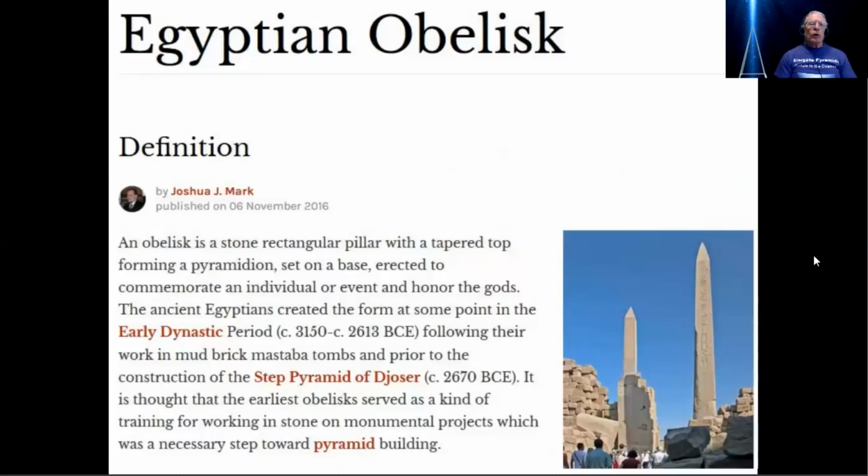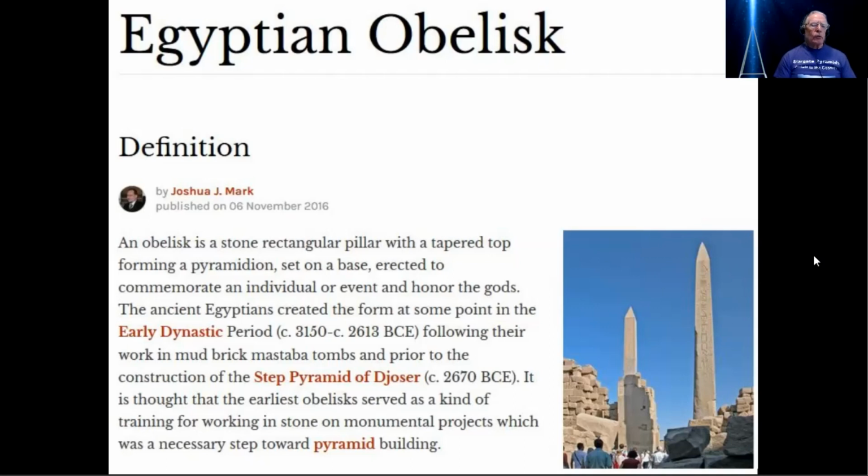So to begin with, let's get some definitions as to what an Egyptian obelisk is all about. An obelisk is a stone rectangular pillar with a tapered top forming a pyramidion, or a pyramid set on a base, erected to commemorate an individual or event and to honor the gods.